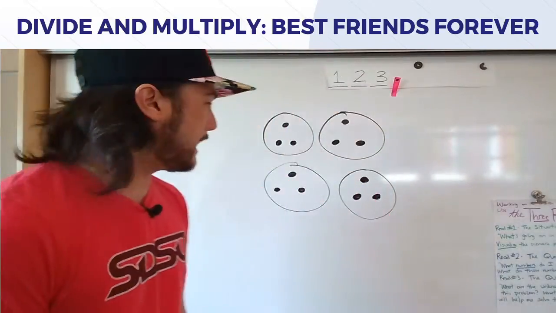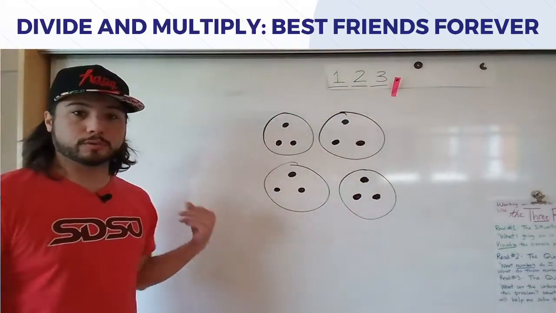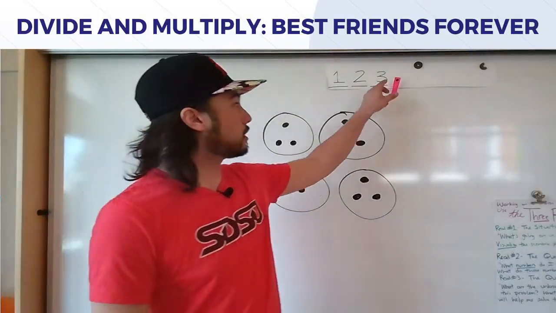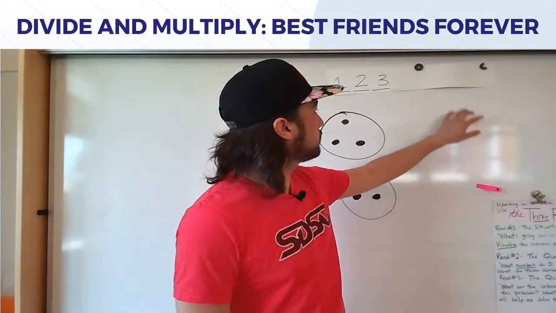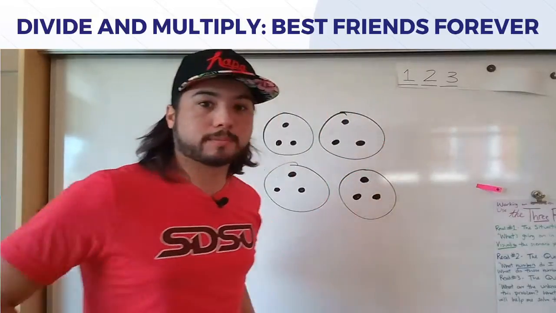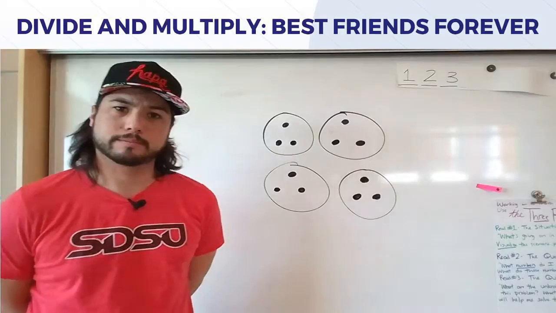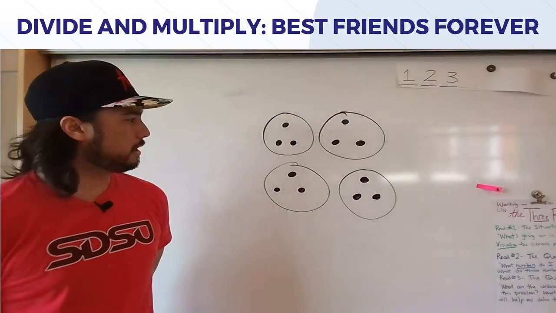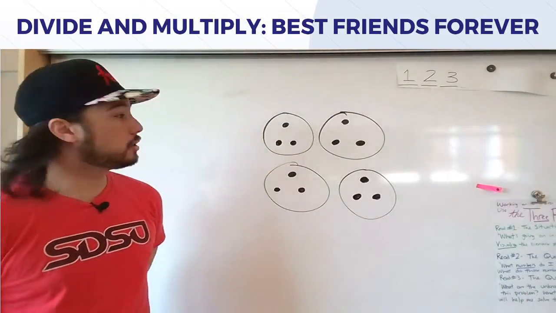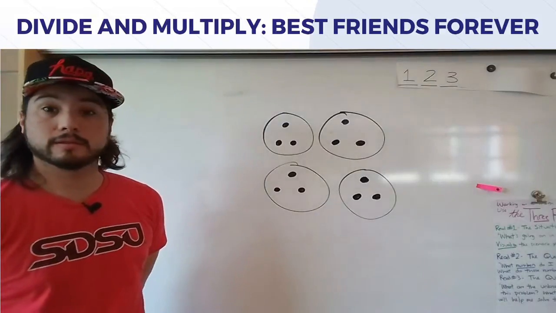If we take a look at this visual here, disregard our little place value slider. If we take a look at this visual here, thinking about what equations could we match with this visual.